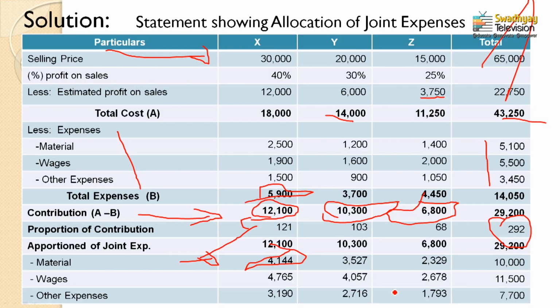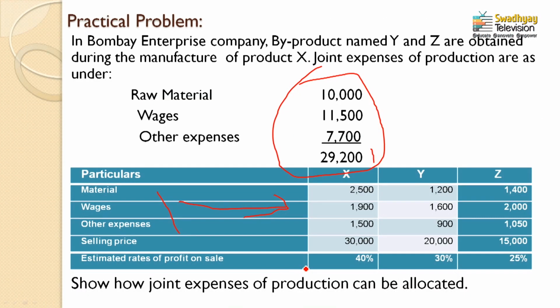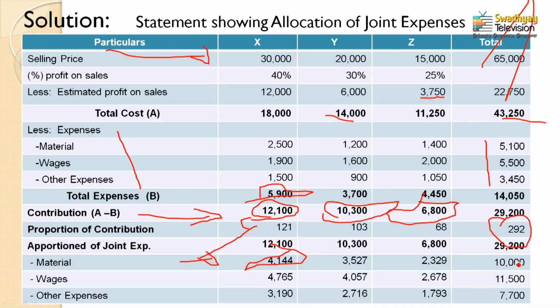Now see the solution once again, so at least we can identify here. Now see here, 4,144, 3,527 and 2,329 is the distribution of X, Y and Z for material. The same way we distributed for wages and the same way we distributed for other expenses also. Now after the distribution of these expenses, see the question, how much is the total joint expenses? 29,200. Now see the solution, the 29,200 rupees is the distribution of the joint expenses.